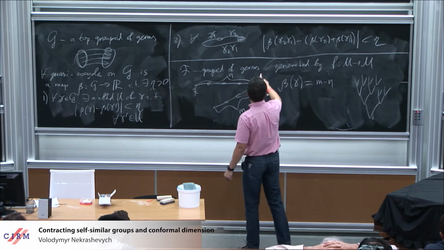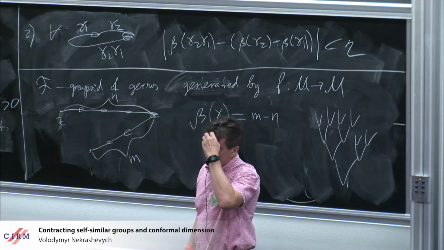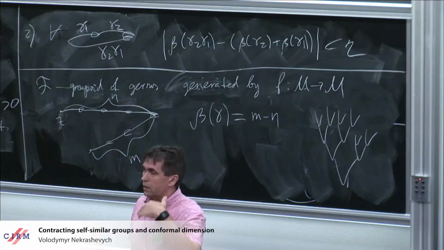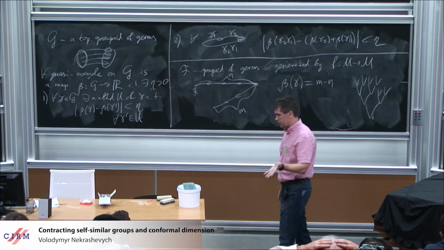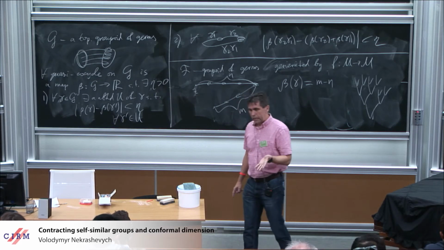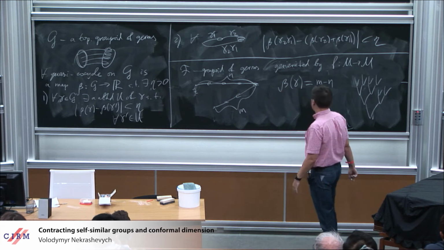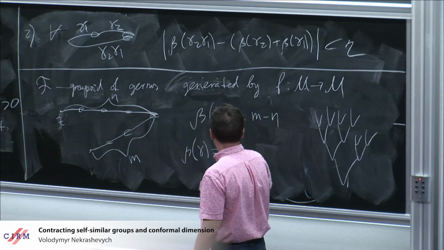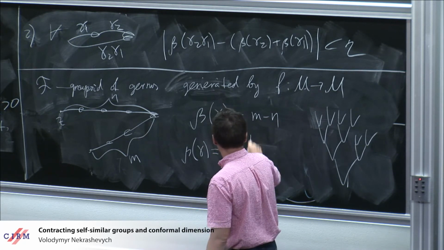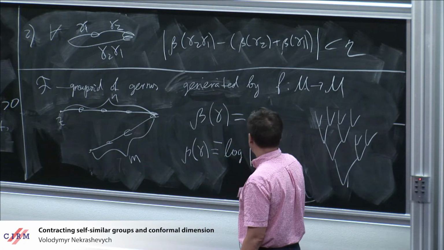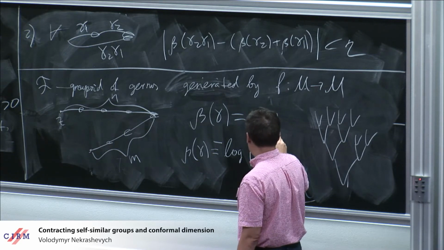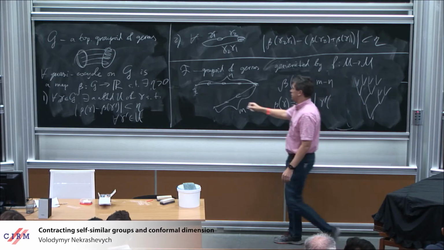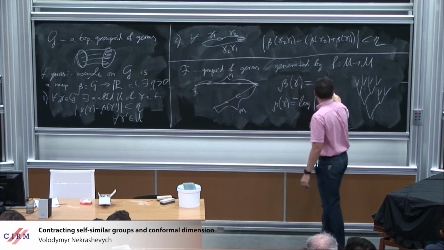But suppose that F is an expanding map, for example a rational function. Then another choice would be to take the negative logarithm of the absolute value of the derivative at your base point, so at point z.